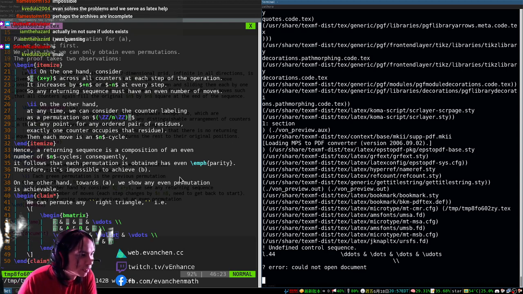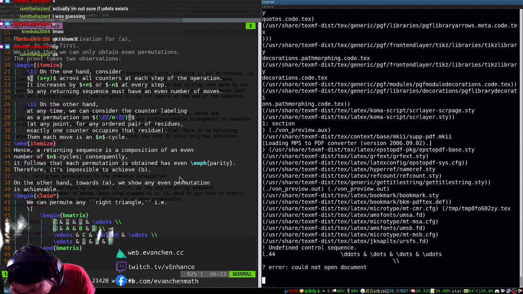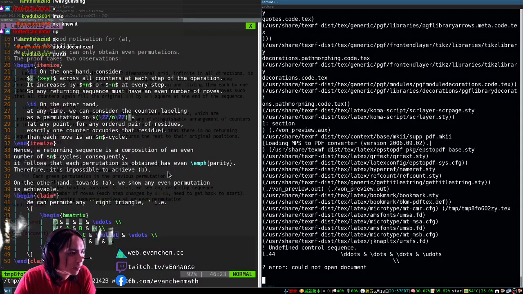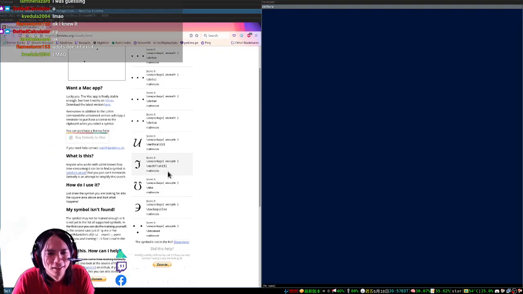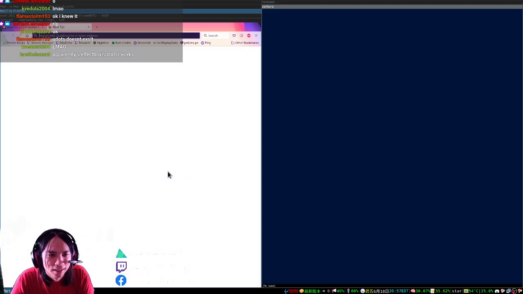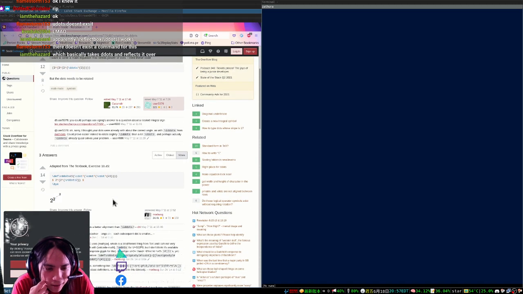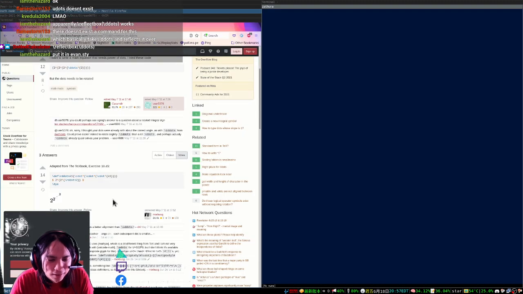Did I get duped? LaTeX D dots reversed. RD dots?